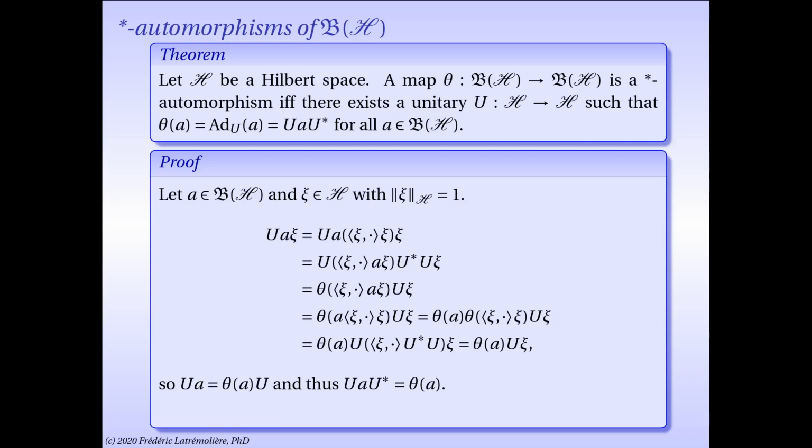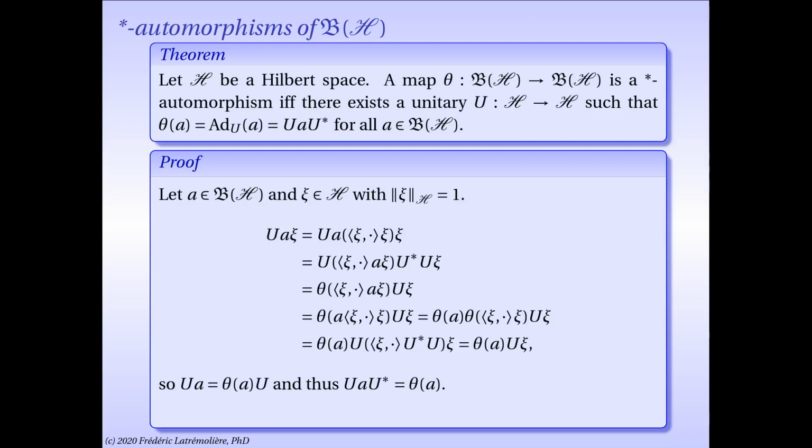But then look at the first three factors in this equation here. We've just shown that U times a rank 1 operator times U star is theta of that rank 1 operator. We write this. And we're left with U times psi, which did nothing.